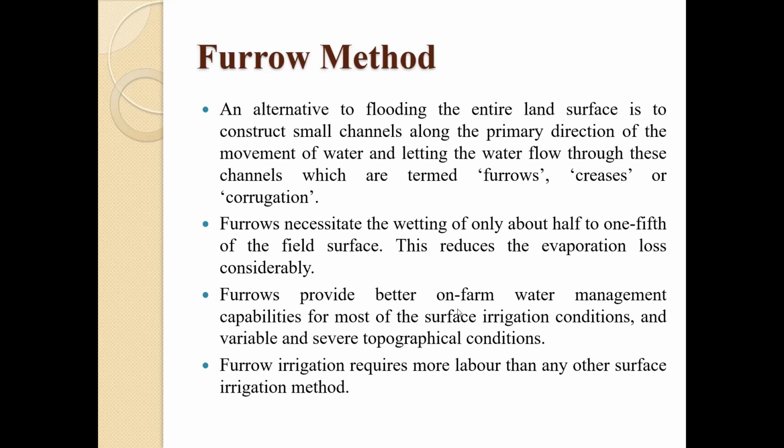Furrow necessitates the wetting of only about one-half to one-fifth of the field surface. This reduces the evaporation loss considerably. Furrow provides better on-farm water management capabilities for most of the surface irrigation conditions and variable and severe topographical conditions. Furrow irrigation requires more labor than any other surface irrigation method.